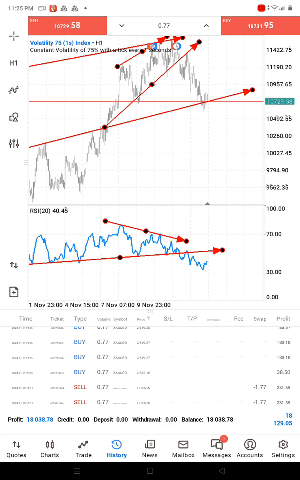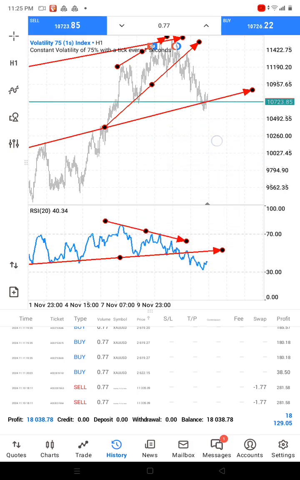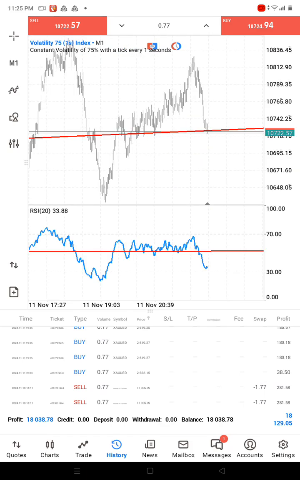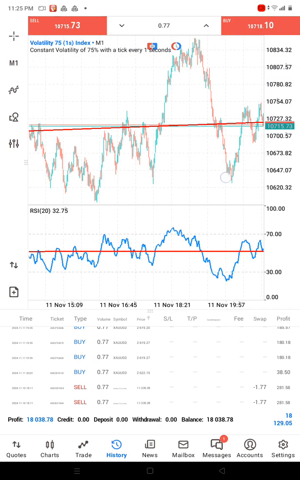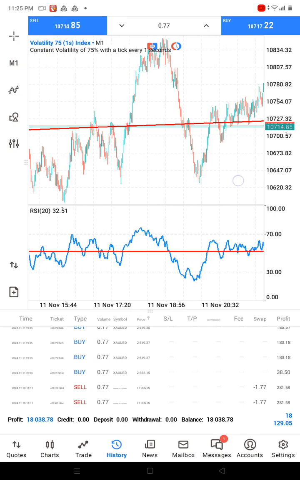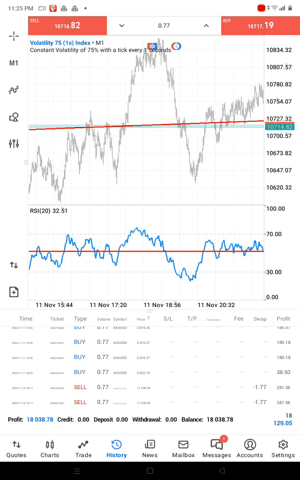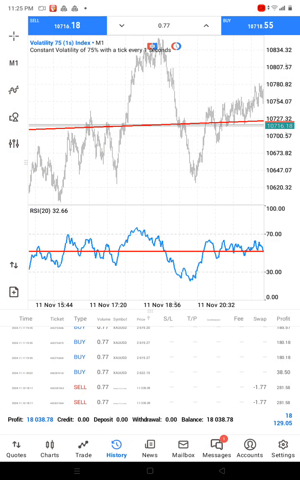I could have let it go down below this line, but I don't feel like it's going to close below this line. It's already showing signs that it doesn't want to close below this line. But if I am to also step down to a 1 minute time frame, you can see that yes, we had some closures, but we got no signs that this market is about to go down, as it hasn't closed.